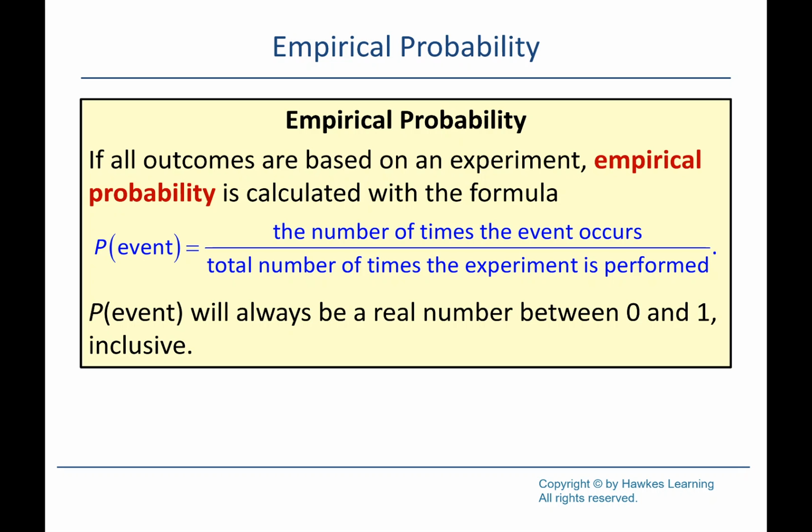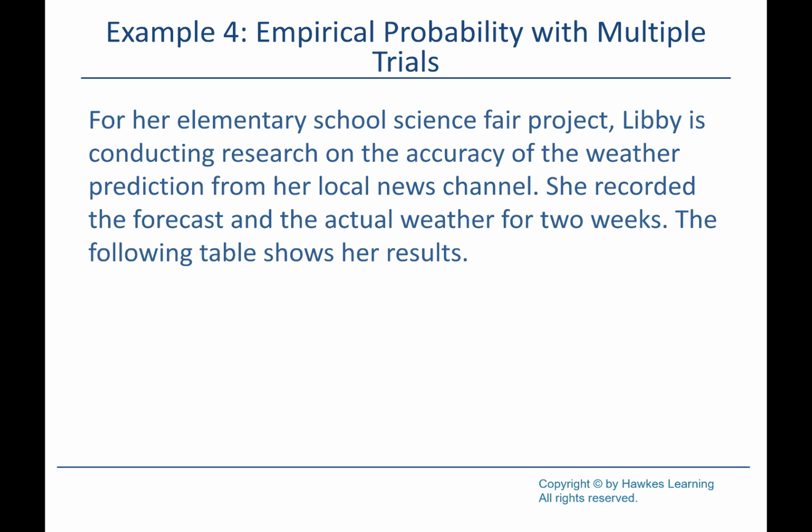Let's look at one. All right, this one says for her elementary school science fair project, Libby is conducting research on the accuracy of the weather prediction from her local news channel. She recorded the forecast and the actual weather for 2 weeks. And then we've got a table that has her results in there.